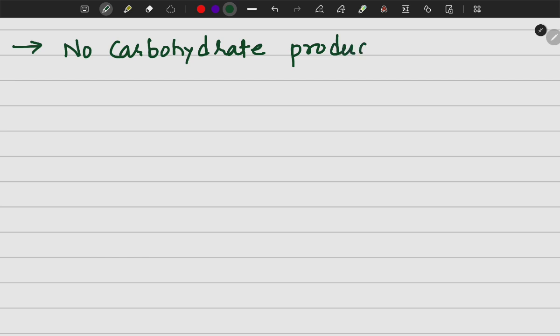So we saw that there was no carbohydrate production in photorespiration. So no sugar is produced, so glucose is not formed. Now, there is no production of any energy releasing compounds like ATP or NADPH.